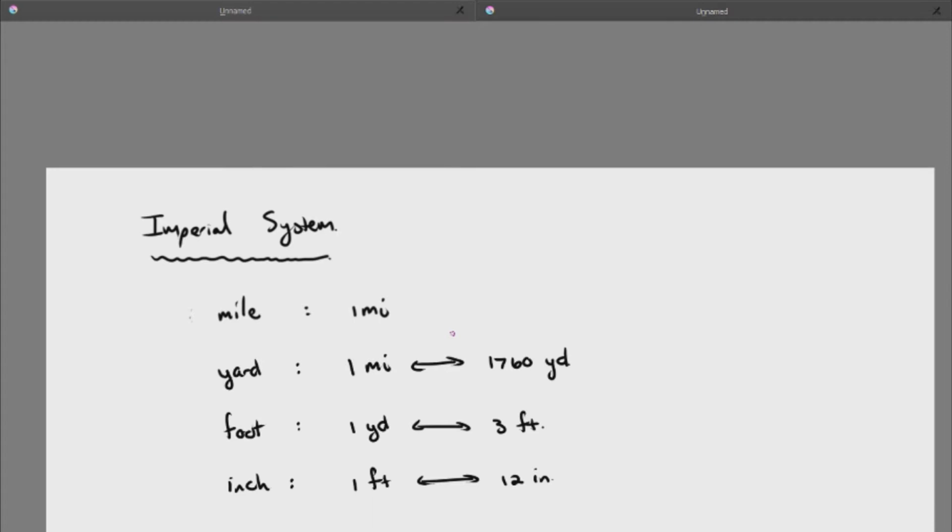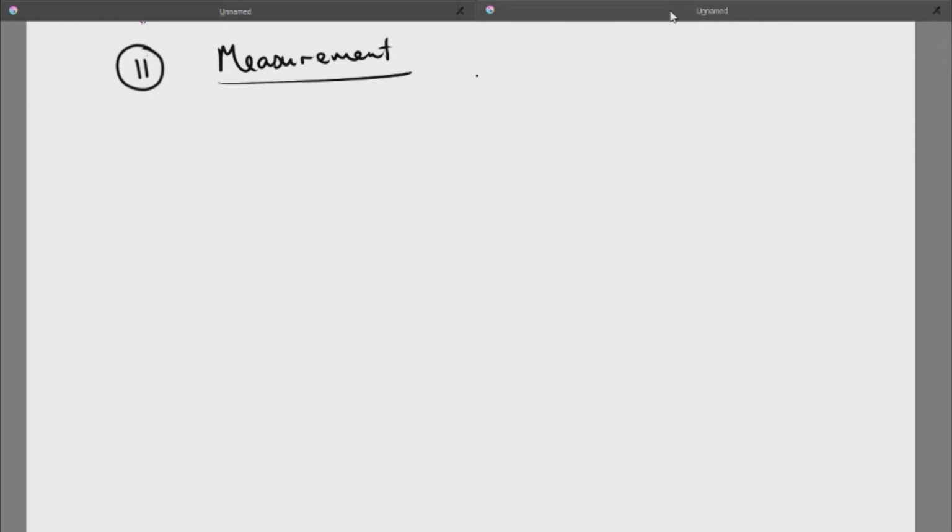So let's first see how we would convert between these units. Our goal is twofold. First of all, to be able to convert between units, and also to do it in a way that can be taught to someone else.